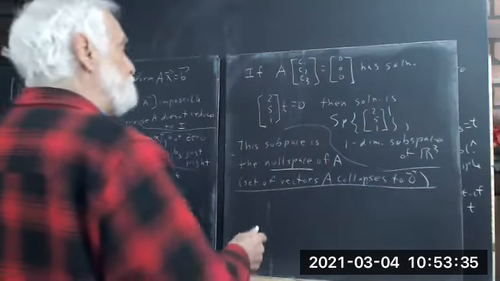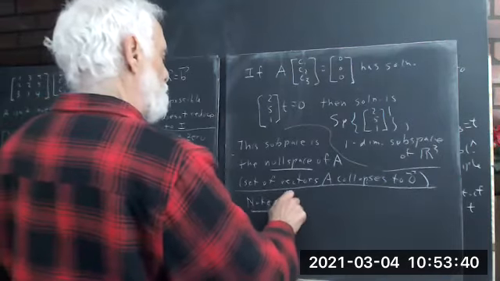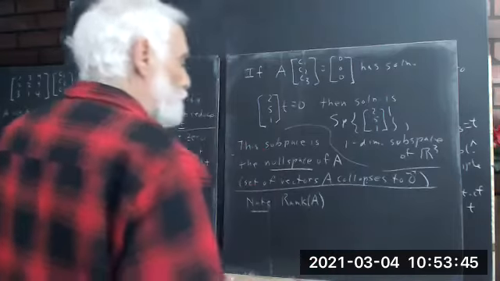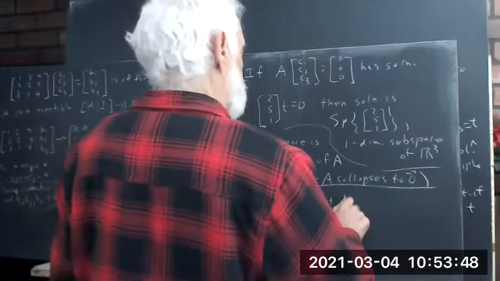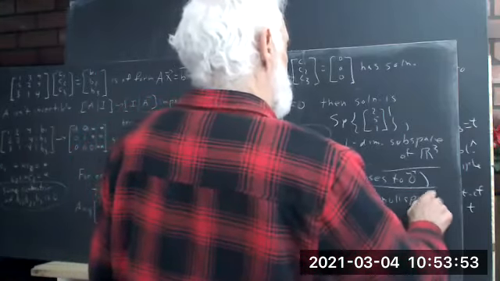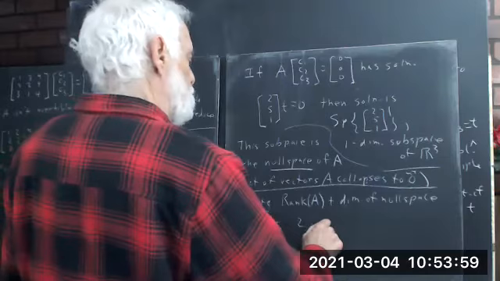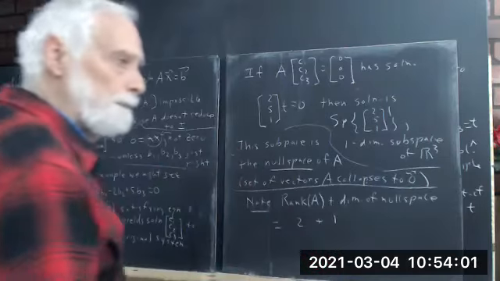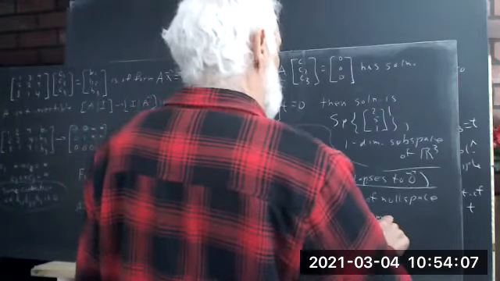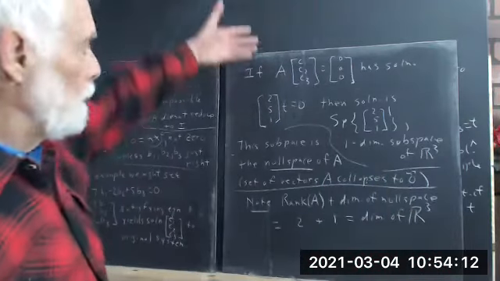Now, big deal. Rank of A plus the dimension of the null space equals 2 plus 1. That's the dimension of your whole space, R3.